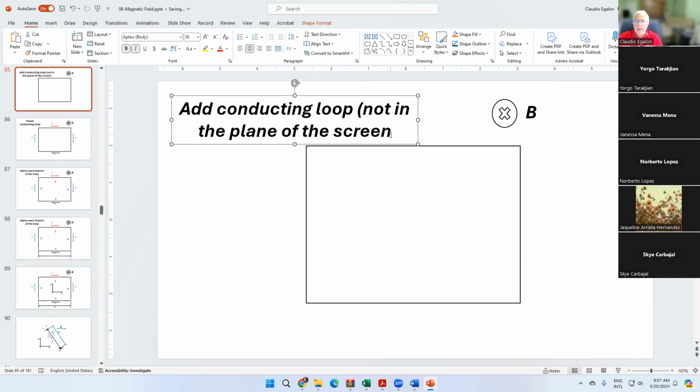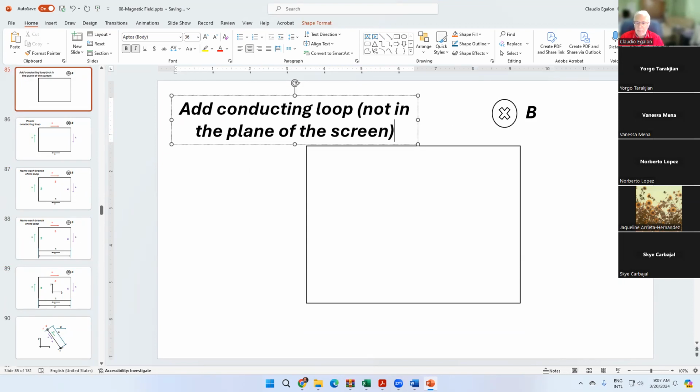This loop is not in the plane of the screen. Okay, so here is my loop, right? 1, 2, 3, 4. The loop is kind of out of the plane of the screen. It's making an angle with the plane of the screen.